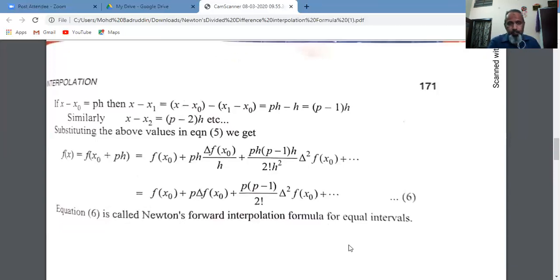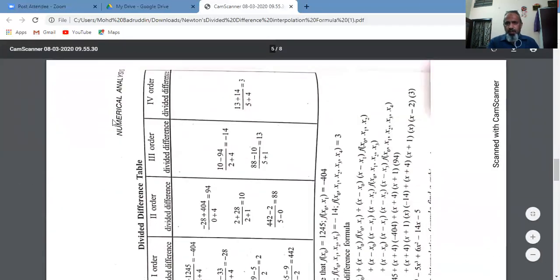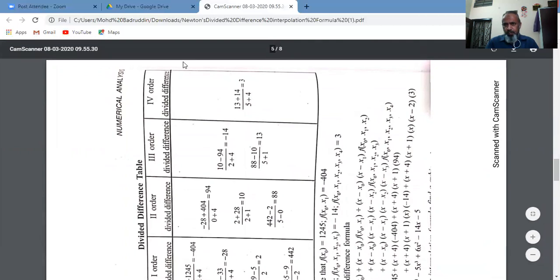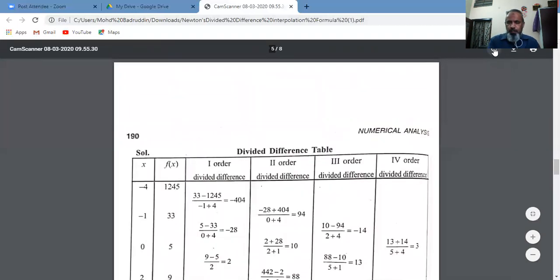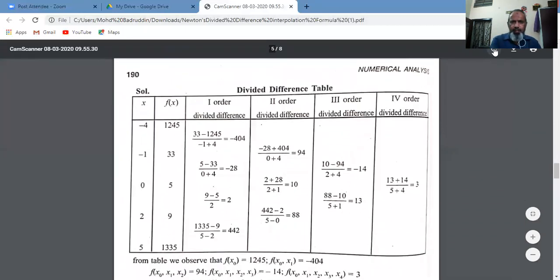Next, see what is the problem, how to solve the problem by using divided differences. I am rotating this screen. Now see here, this is the problem on divided differences.